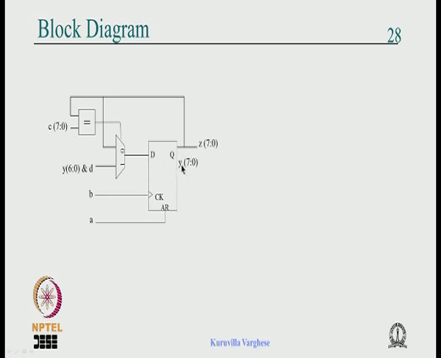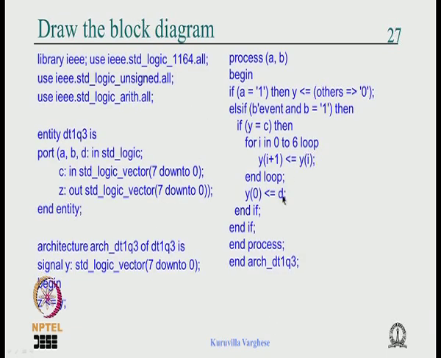The output is Y, which is the same as Z, the clock is B, reset is A, and Y goes to compare with C, and the output is a select line which selects a mux. When it is 1, the shifted version of Y, Y(6) down to 0 along with D, goes to Y; otherwise it retains itself, it recirculates itself. That is what the code shows.